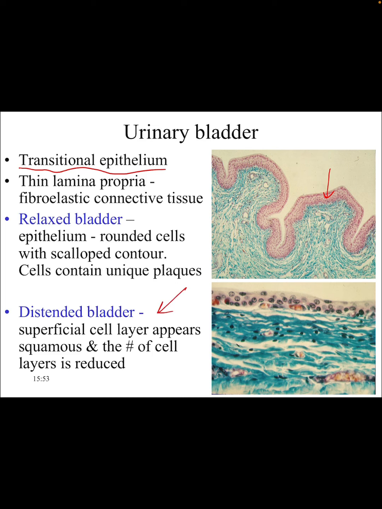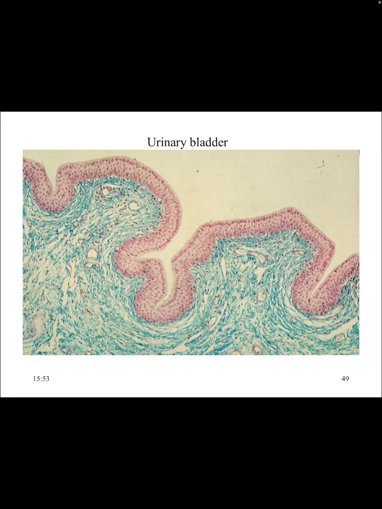However, when the bladder is full of urine, the epithelium appears as one layer, the simple squamous epithelium. So that's why they call it transitional epithelium, because it transits between two stages, relaxed or distended.